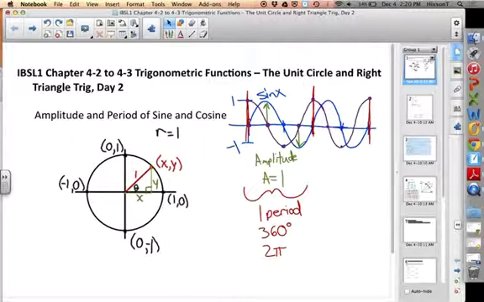Yes? So is amplitude only for sine, or is it also for cosine? It's also for cosine. So do we have to have some sort of special notation to differentiate the two? Would we have to say the amplitude of sine is 1?